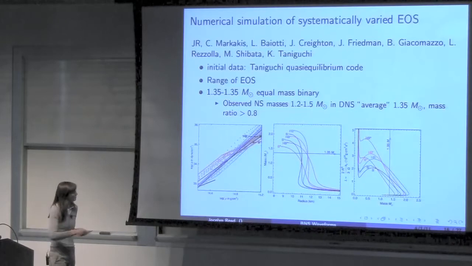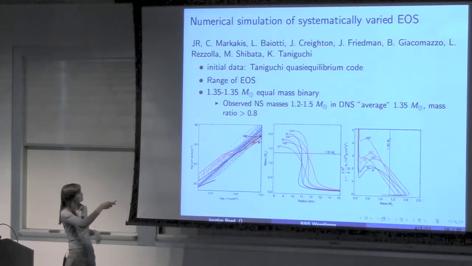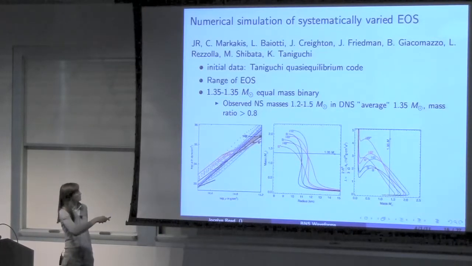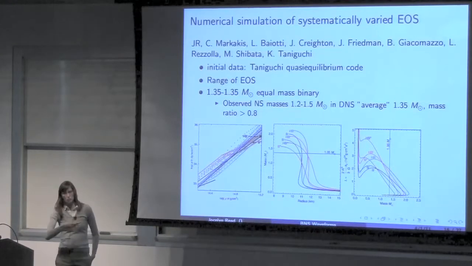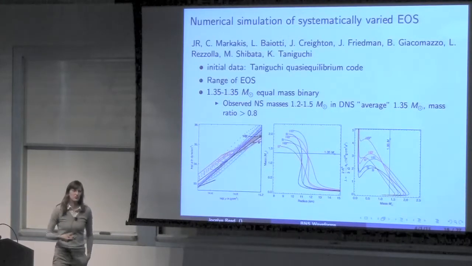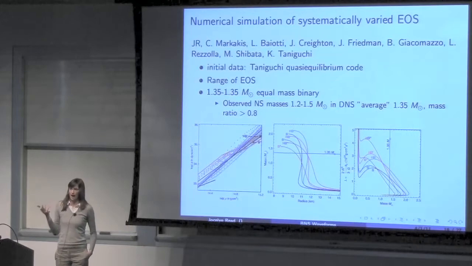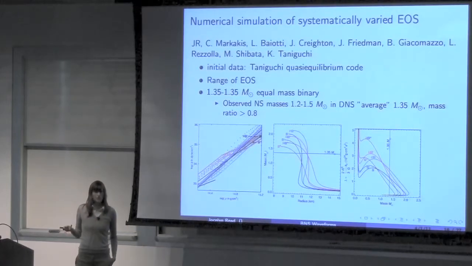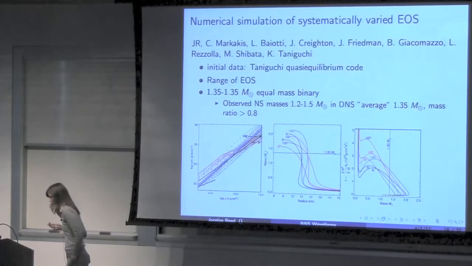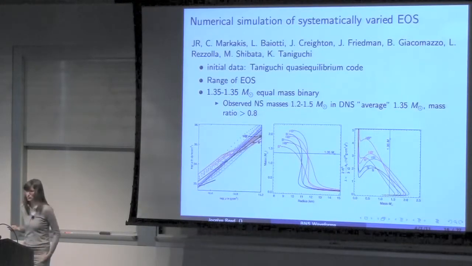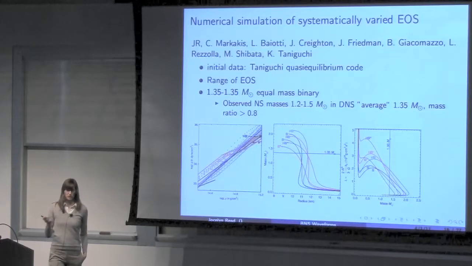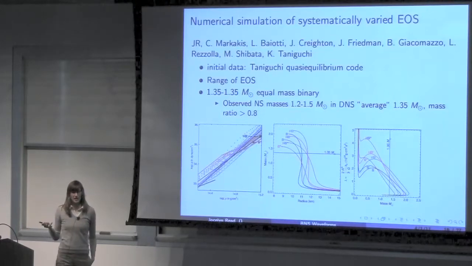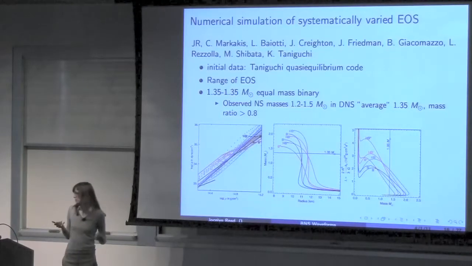The setup is that we're going to take this range of equations of state and focus on an equal mass binary of 1.35 solar masses, which is pretty much as average a system as you can expect, and for binary neutron stars it is actually good to simulate the average system, because the observations don't range too far away from that in the actual examples of double neutron star binaries we have.